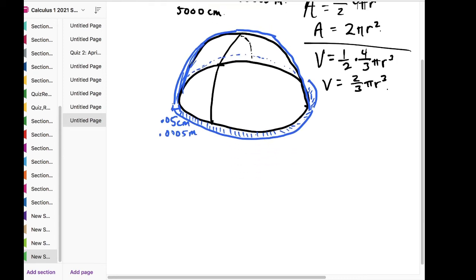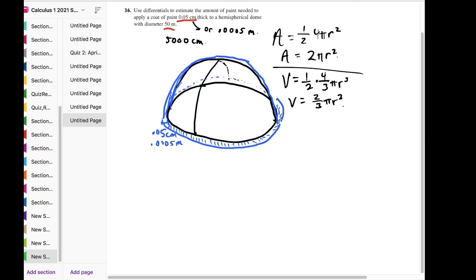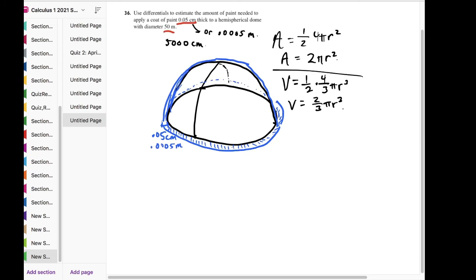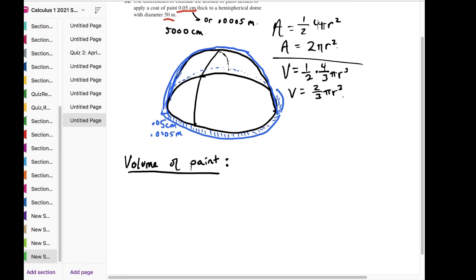So yes, volume, but you have to subtract the volume of the hemisphere. Good. Okay, so what is the volume of paint? I'm going to do this in r, without plugging in values right now.